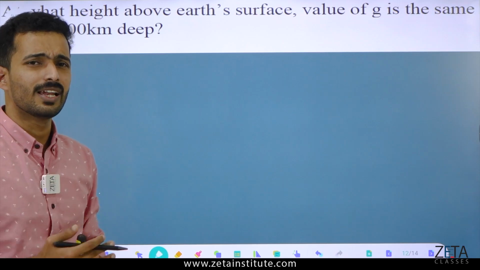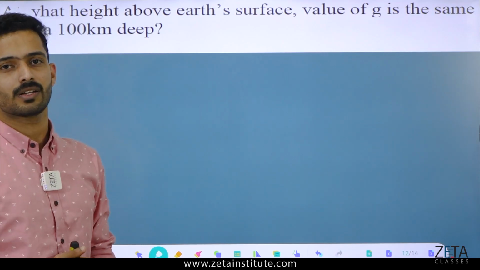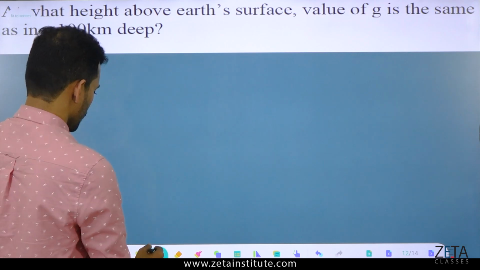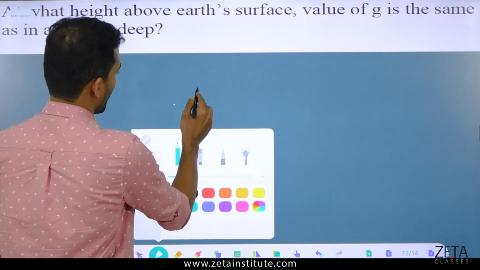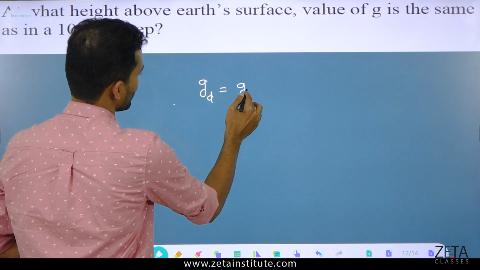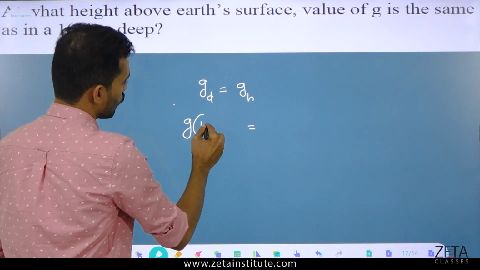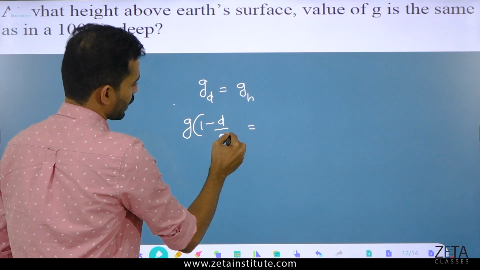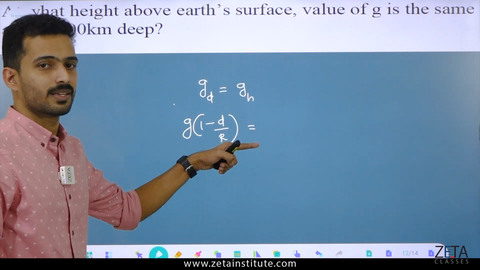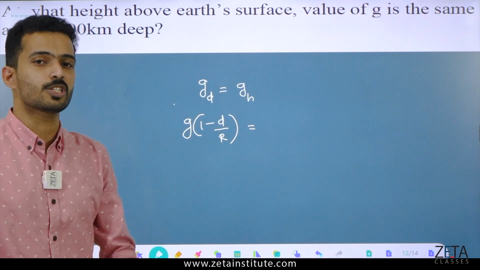It is very less than R. The value of height h is very less than R. So which equation can we use? We can write g_d is equal to g_h. g_d is equal to g into 1 minus d by R. This is equal to g_h, so we can take the value g into 1 minus 2h by R. Why?